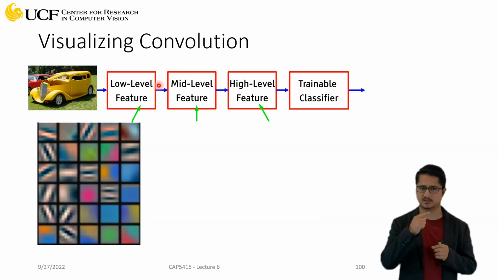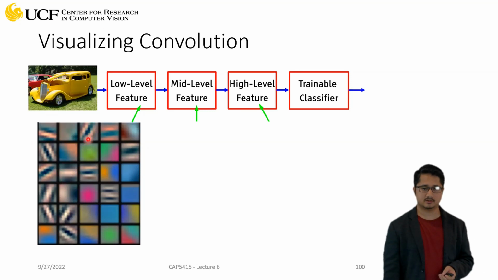These could be very simple shapes, these could be edges, right? So you can see here that these low-level features could be edges in different directions or very primitive shapes. Okay, this is a kind of a circle. And some of these are also trying to react to different kinds of colors, right?